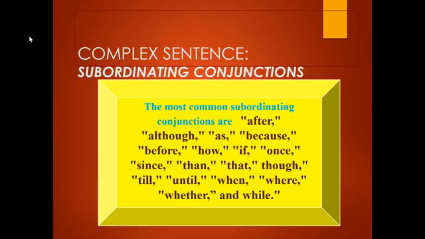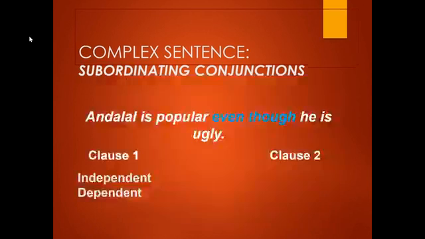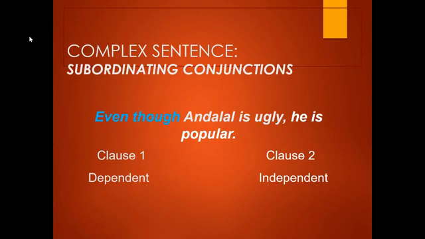Right? The most common subordinating conjunctions are after, although, as, because, before, how, etc. I'll be sending you this, all of you, once I finish teaching this in the other classes as well. Say for an example, Andalal is popular even though he is ugly. Even though Andalal is ugly, he is popular.